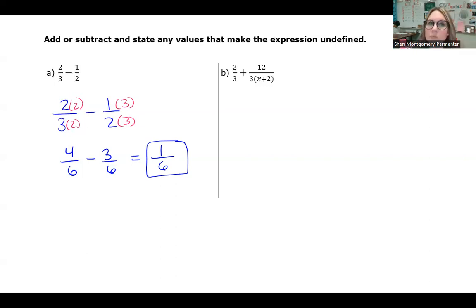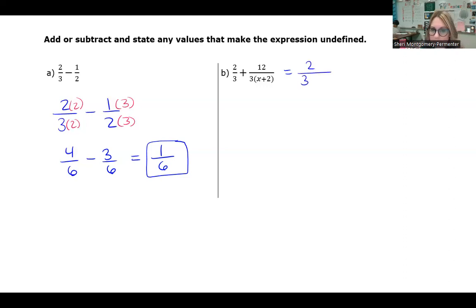For the next problem, do they have the same denominator? No, they both have a 3, but the first one is missing the factor of x plus 2. So first thing that I have to do is write it down.